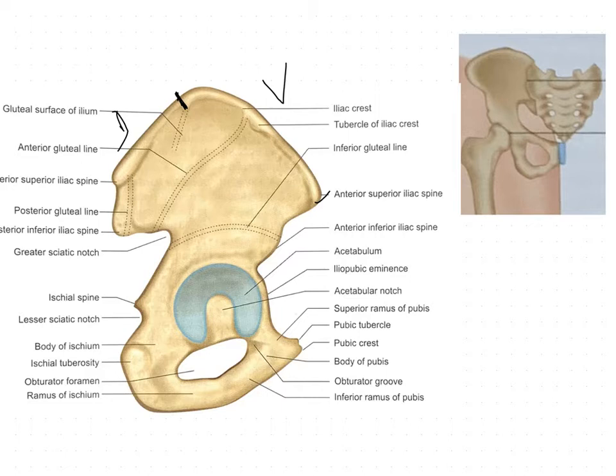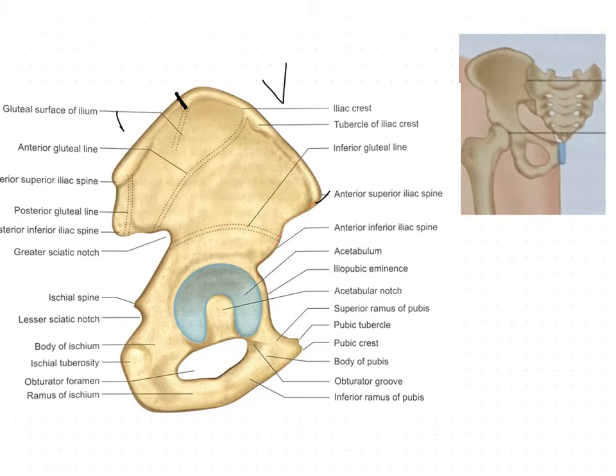It has 3 borders: the anterior border, posterior border, and medial border. Now we'll see the anterior border. This anterior border starts from the anterior superior iliac spine and runs downwards to the acetabulum. The upper part of the border presents a notch, while its lower part shows an elevated area called the anterior inferior iliac spine.